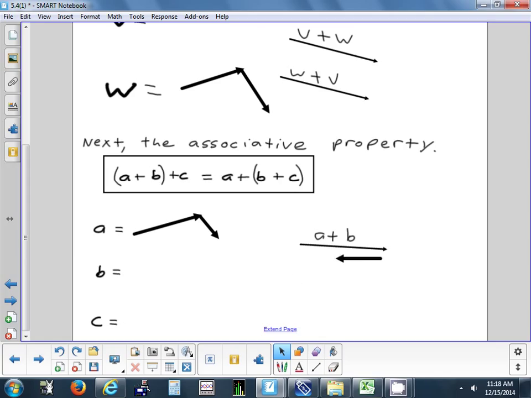Take C, add that on the best we can, and connect where you started to where you stopped. And that's your answer. So that vector right there represents A plus B plus C.